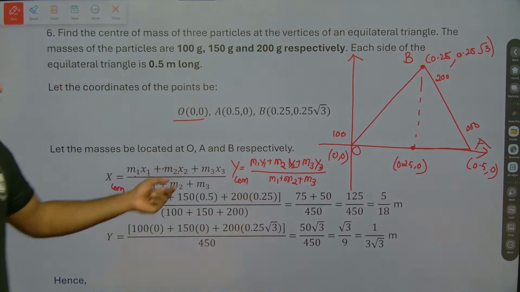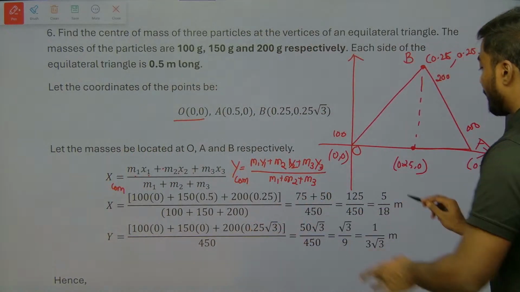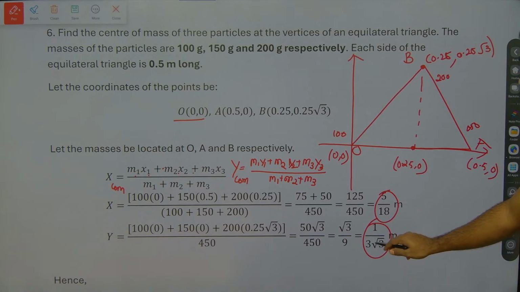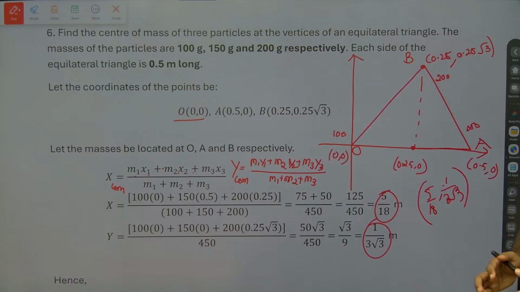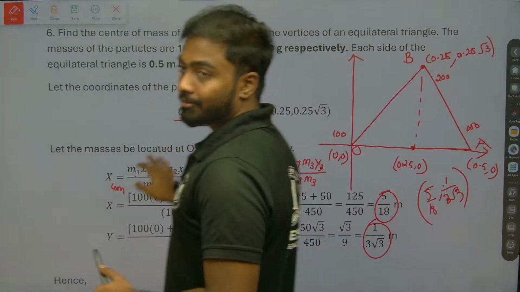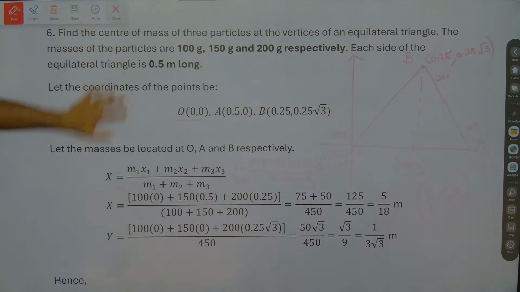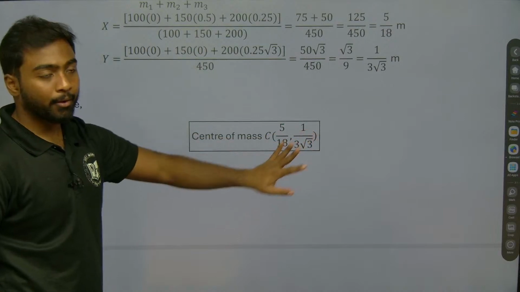So if I find the points, that is my answer. For x we get 5 by 18, for y it is 1 by 3 root 3 meter. So how should we write it? 5 by 18 comma 1 by 3 root 3. Okay, this is the sixth question, to find the center of mass. So the center of mass is 5 by 18 comma 1 by 3 root 3.